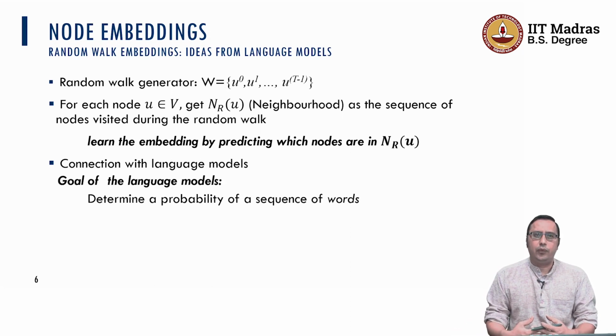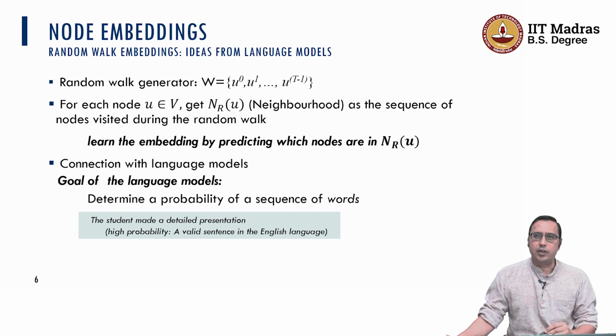The goal of language models is to determine the probability of a sequence of words. Take this particular sentence: the student made a detailed presentation. It is a valid sentence in the English language. It has all the elements that should be there in an English sentence.